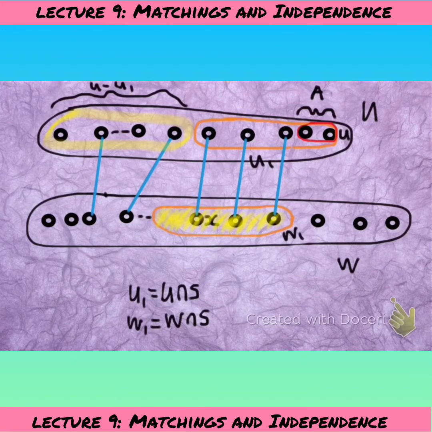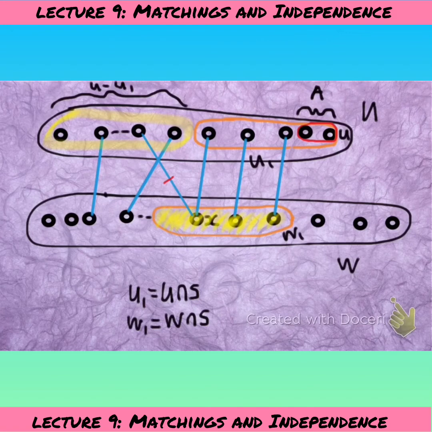What I'm claiming is that you cannot have any blue edges that lie like that, for argument's sake. Now what would happen if you had that blue edge there?